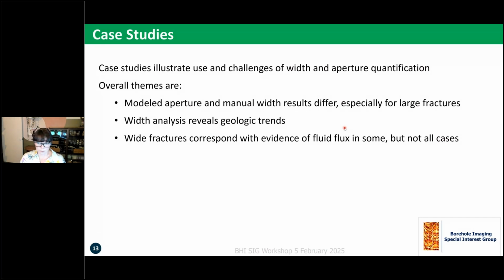The modeled aperture and the manual width results differ, especially for large fractures. Width analysis reveals geologic trends, and wide fractures correspond with evidence of fluid flux in some cases, but not all. That's very much a thing of any fluid flux being controlled not just by what we see at the wellbore wall, but by connections to a wider reservoir.